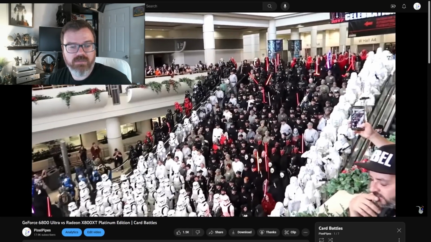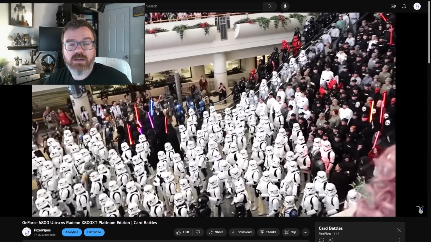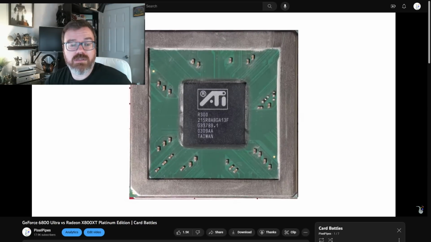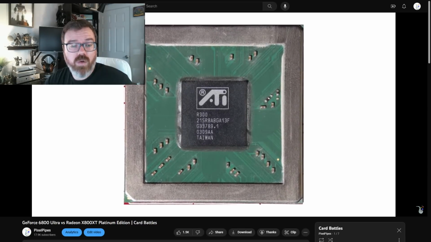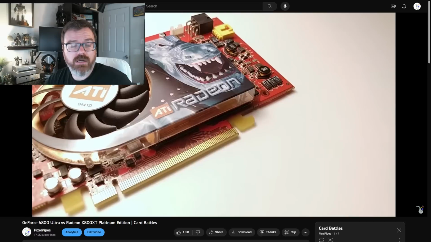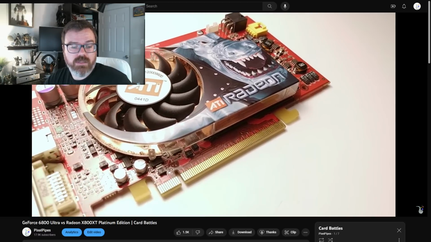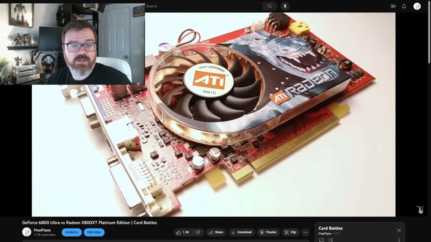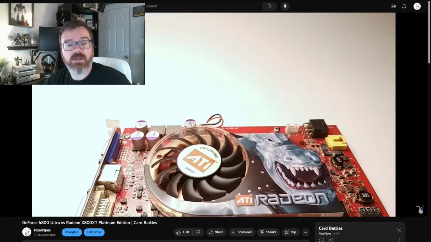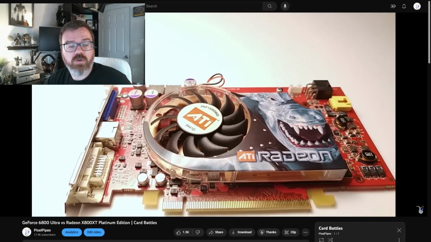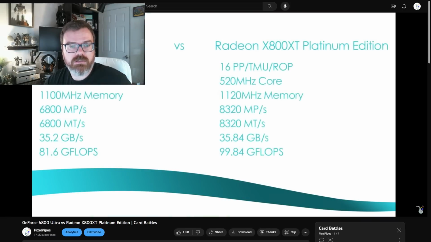Holy cow, can't believe it's been that long. Anyway, that goes in depth into the differences in the architectures and why the R300 up to the R500 based architectures have a shader advantage over the GeForce 6 series. So definitely check that out if you're interested in the nitty-gritty technical side of things.